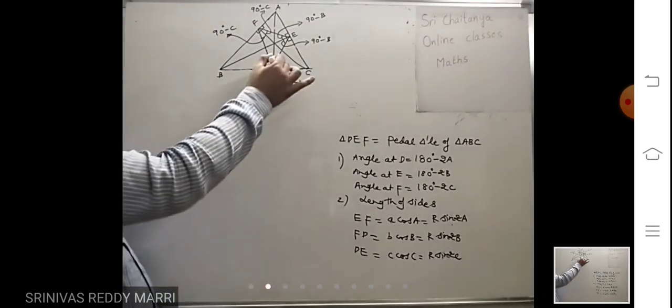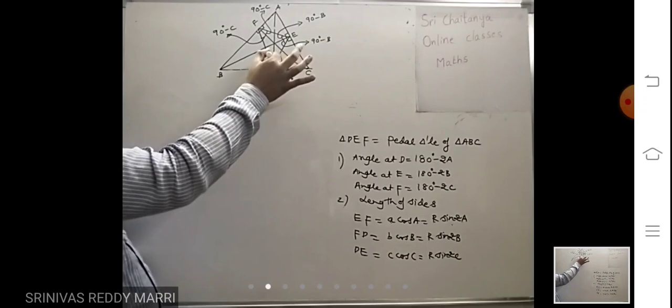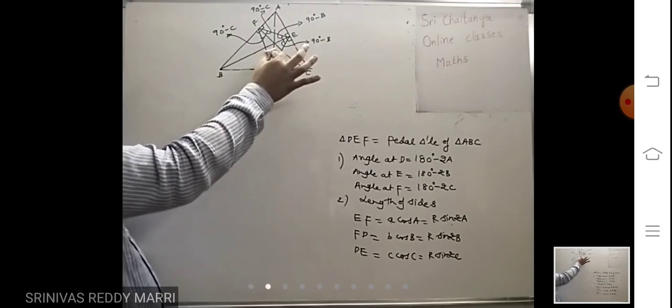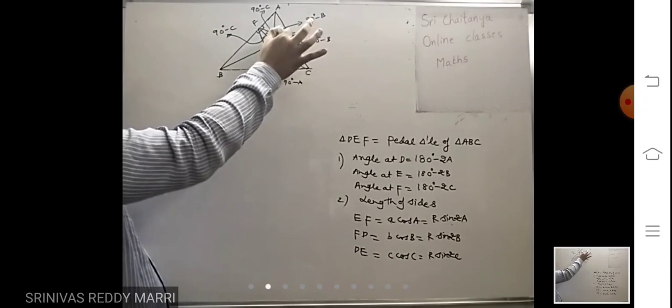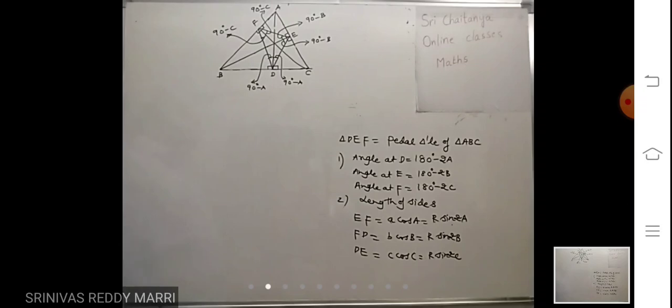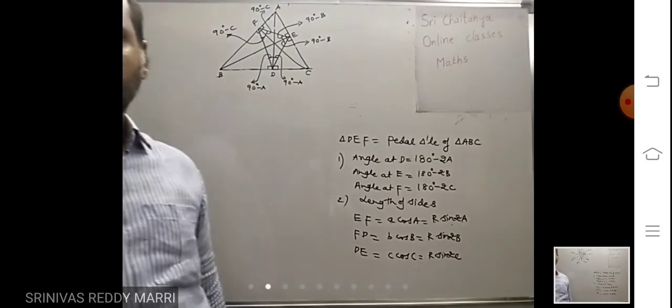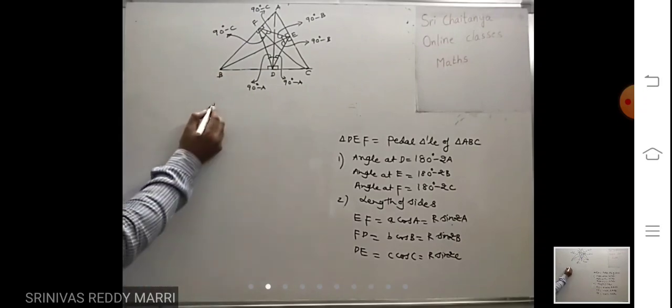Look at here. And also remember that this is 180 minus 2A. This angle is half, this angle is half. 90 minus A, 90 minus A. This is 90 minus B, this is 90 minus B. This is 90 minus C, this is 90 minus C. Right? So look at it. Now triangle DEF will be like this.